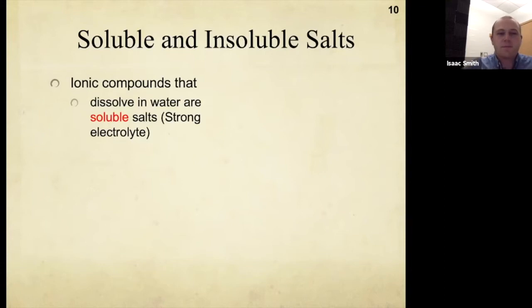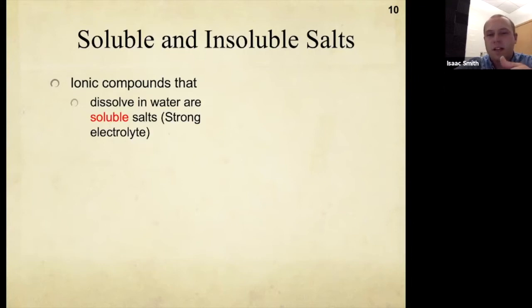Ionic compounds that dissolve in water, which basically means they dissociate in water, are soluble salts. That should be a pretty simple definition, but soluble salts are also strong electrolytes. We talked about in the last lecture how if they dissociate into different ions, then they're strong electrolytes.